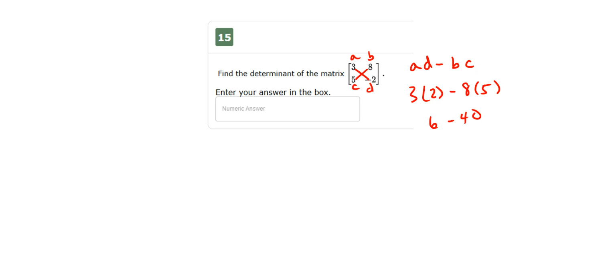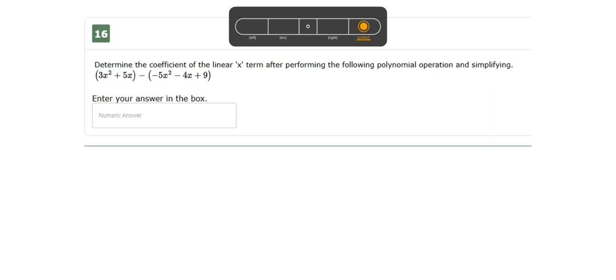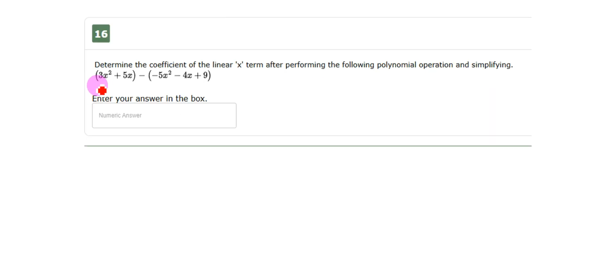So it should be negative 36. Or did I do my math wrong? Oh, that's negative 2. I'm sorry. So this should be negative 6. So it's negative 46. That's the determinant.